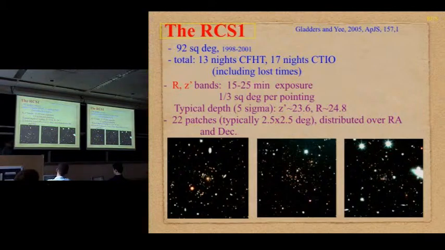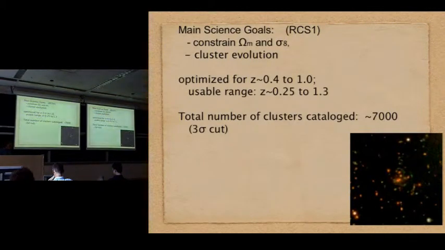So RCS1, which was basically my thesis while I was in Toronto, imaged 92 square degrees at CFHT and CTIO using a camera that's 1/3 square degree, and typically we imaged 2.5 by 2.5 square degrees of sky. What we tried to achieve at that time was to measure omega m and sigma 8.